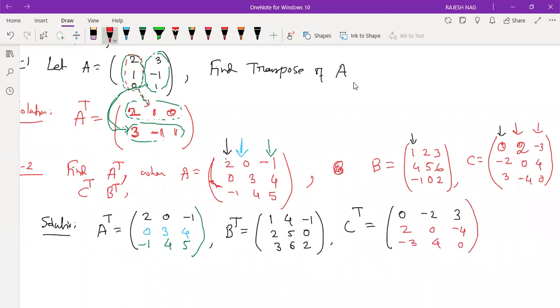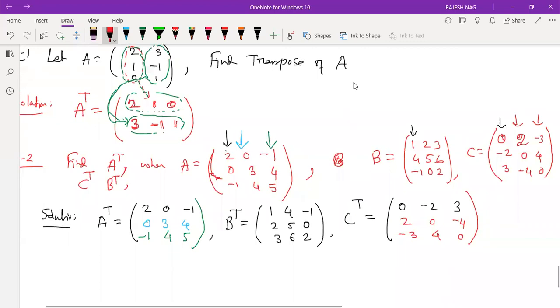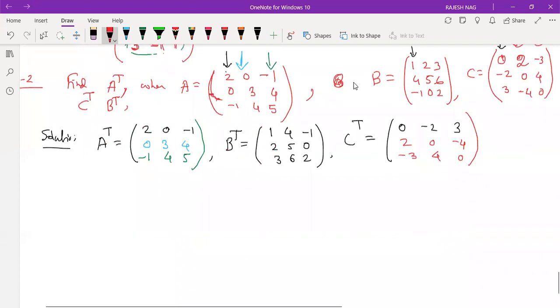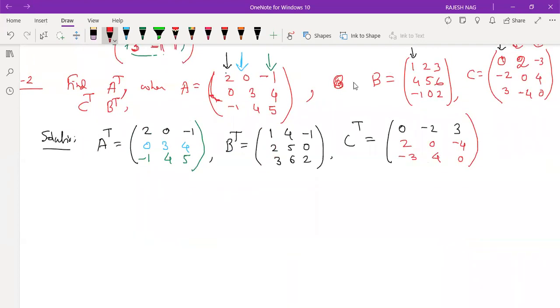Here the interesting thing that can be seen, this is transpose. Look carefully, here you see A equal to AT. After transpose, basically A and AT are both the same. You see that A equal to AT, but in the case of B, B is not equal to BT, and C is not equal to CT.